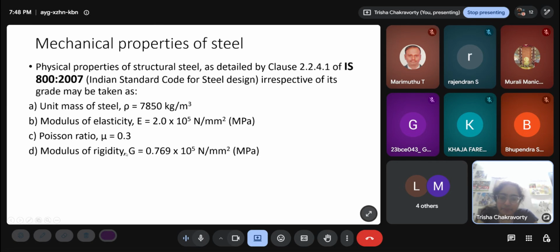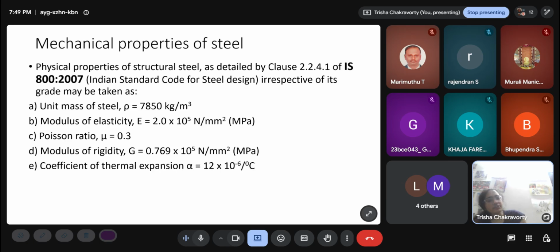Modulus of rigidity G is 76.9 megapascal. Coefficient of thermal expansion alpha is 12 into 10 to the minus 6 per degree centigrade. As I said, the thermal strain developed in a structure is alpha into delta T. Delta T has unit degree centigrade, and alpha has the unit of per degree centigrade. So alpha into delta T multiplies to give us a unitless quantity, and strain is a unitless quantity.